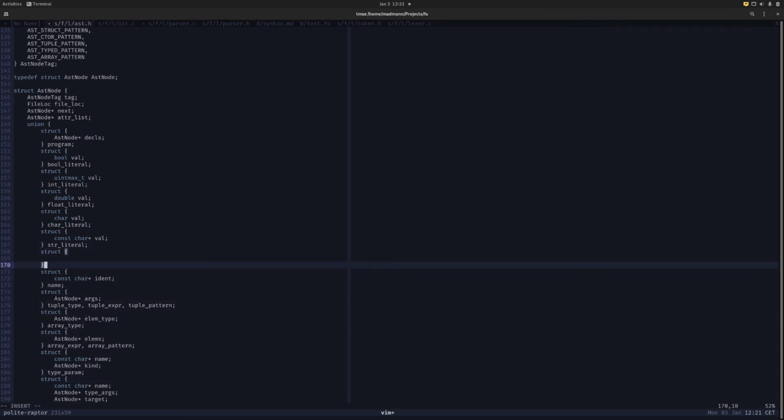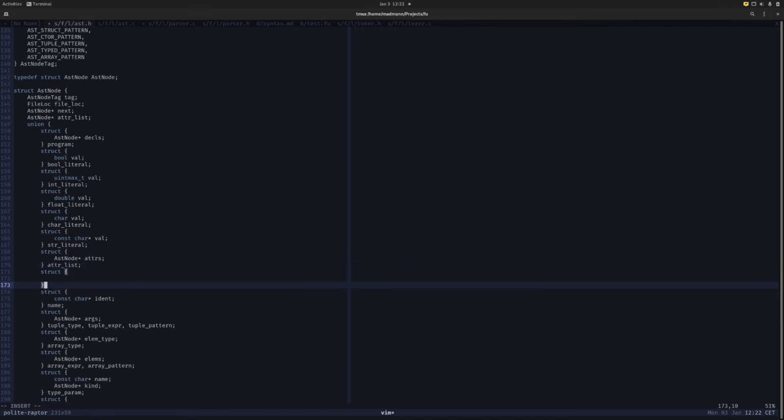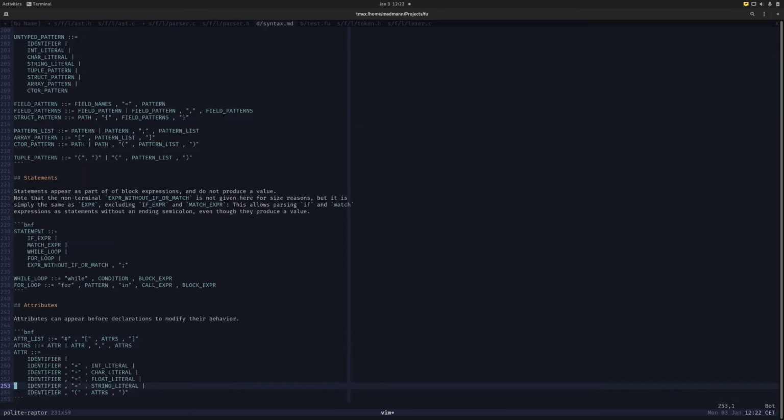Struct adder list, and that would be something like est node adders. It's the list of attributes, and I can do struct adder, which is just one attribute, and I can say, well, the attribute can be of different forms, right?